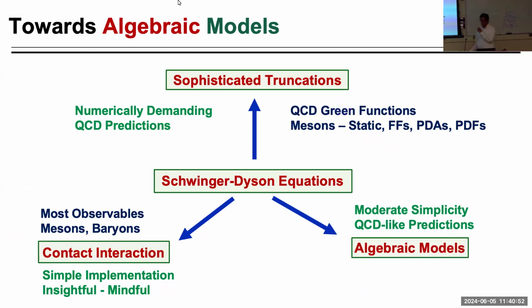What are those algebraic models? Can we somehow have the same sophisticated results which come from the exact or QCD-akin truncations, but are not so difficult to deal with as compared to the simplest models?